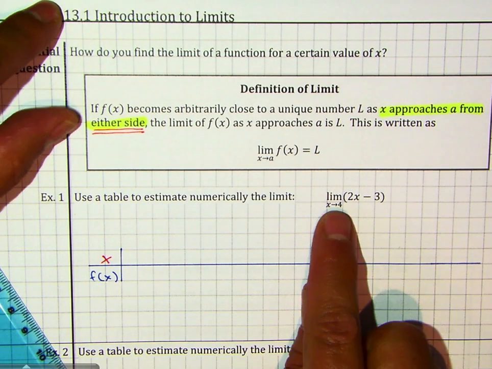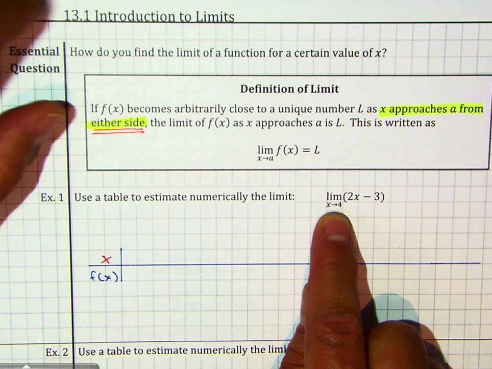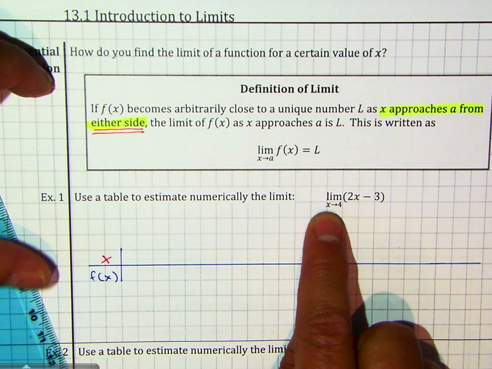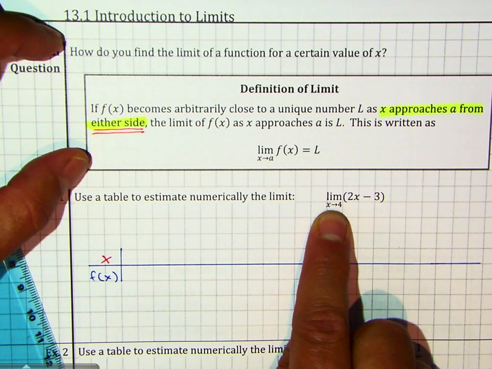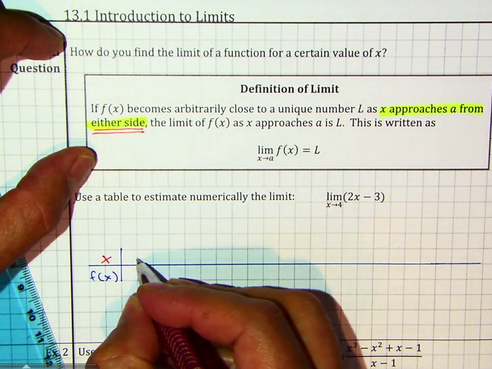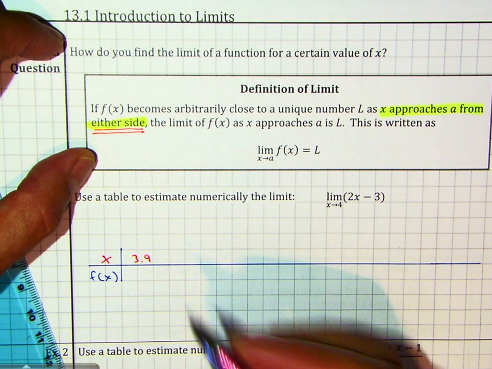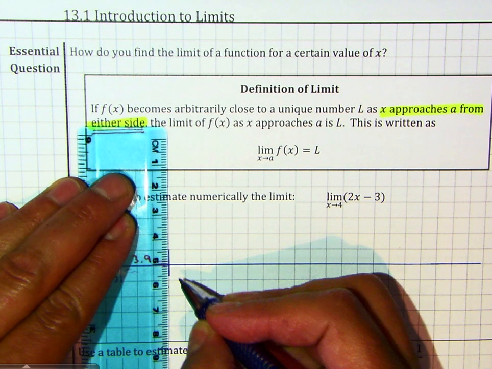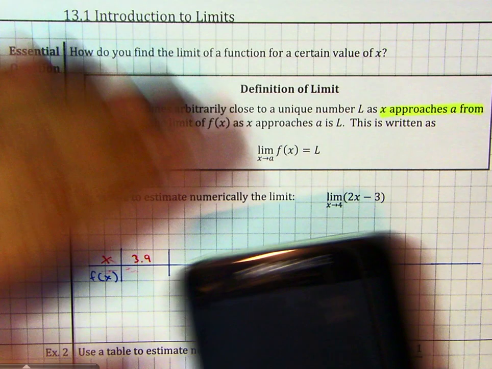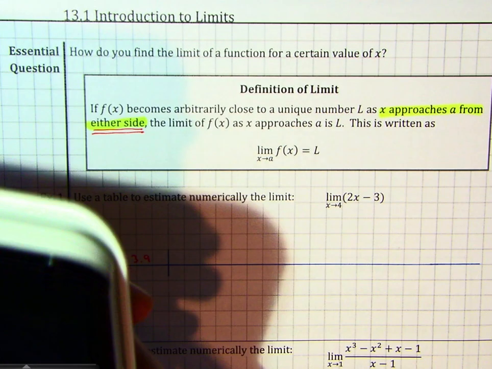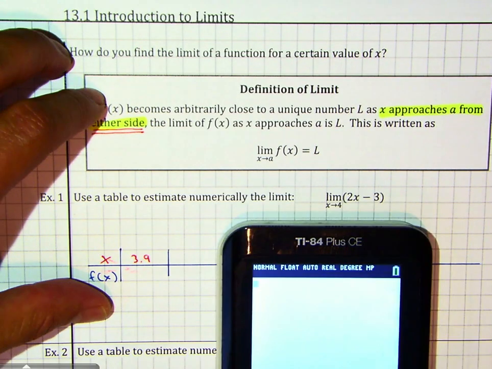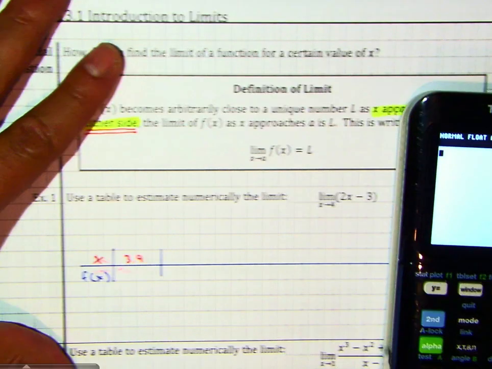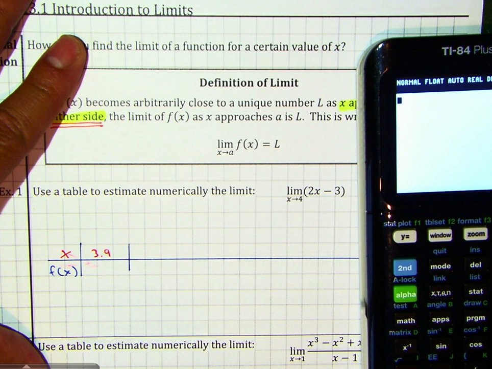I want to find values that are close to 4 from the left. So closer to 4 from the left, smaller than 4, will be 3.9. Let me use 3 squares for this case, and I'm going to use a calculator. So I'm just going to plug in a 3.9: 2 times 3.9 minus 3.